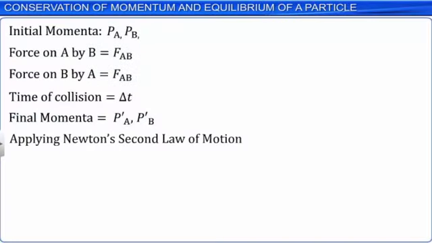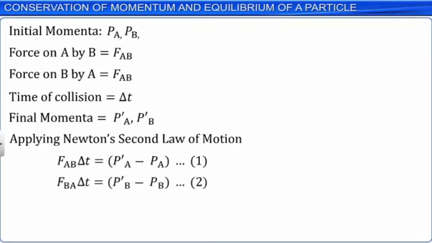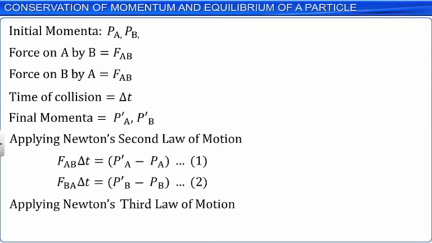Applying Newton's second law of motion to the two bodies, we get F_AB delta T is equal to P'_A minus P_A, and F_BA delta T is equal to P'_B minus P_B. Applying Newton's third law of motion, we get F_BA is equal to minus F_AB.